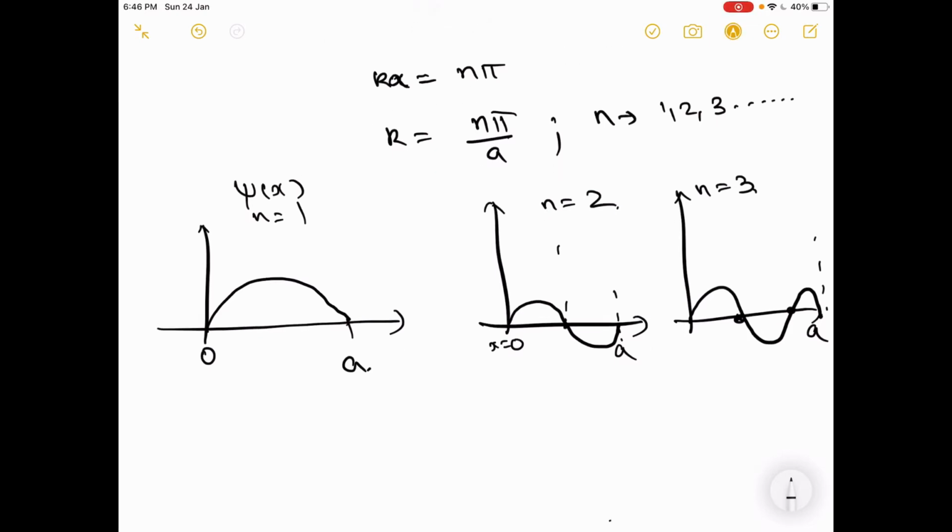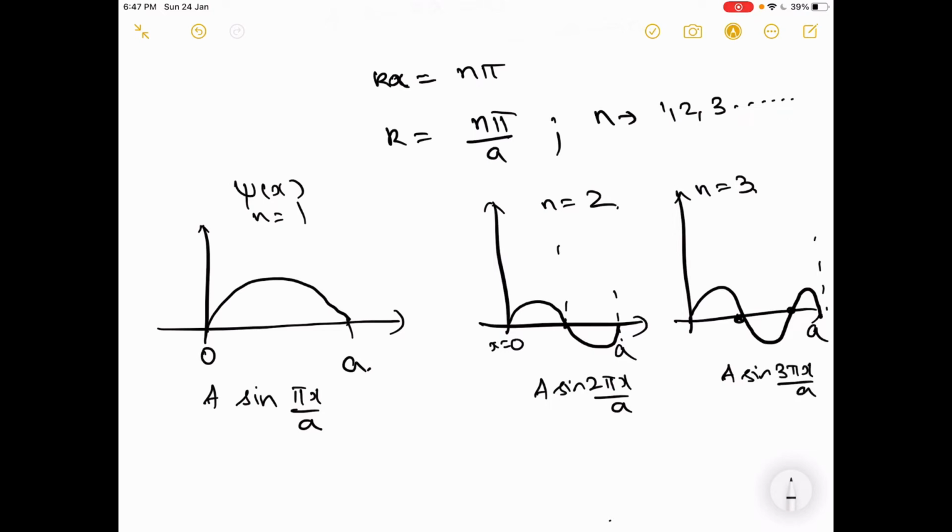So the solutions are A sine pi x by a, and this is A sine 2 pi x by a, and this is A sine 3 pi x by a, right?